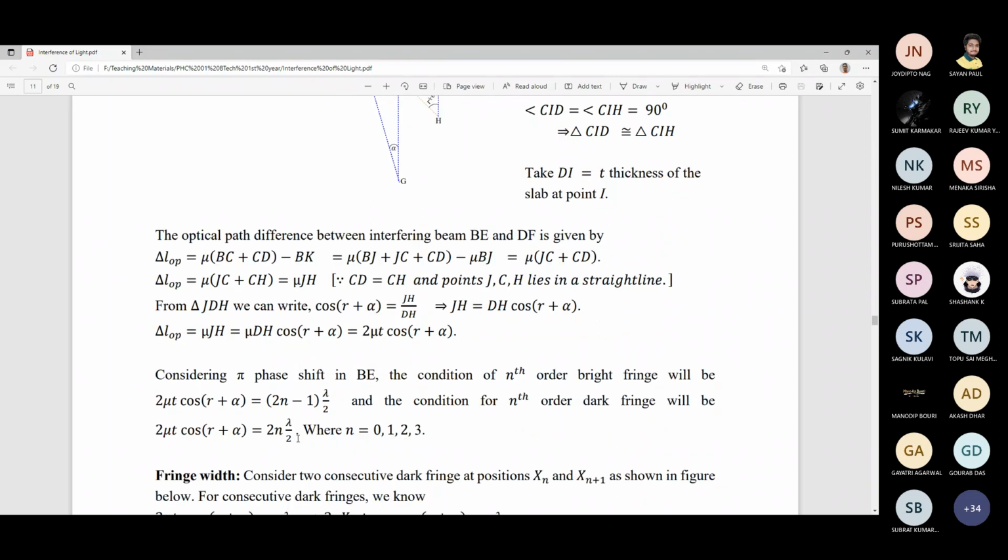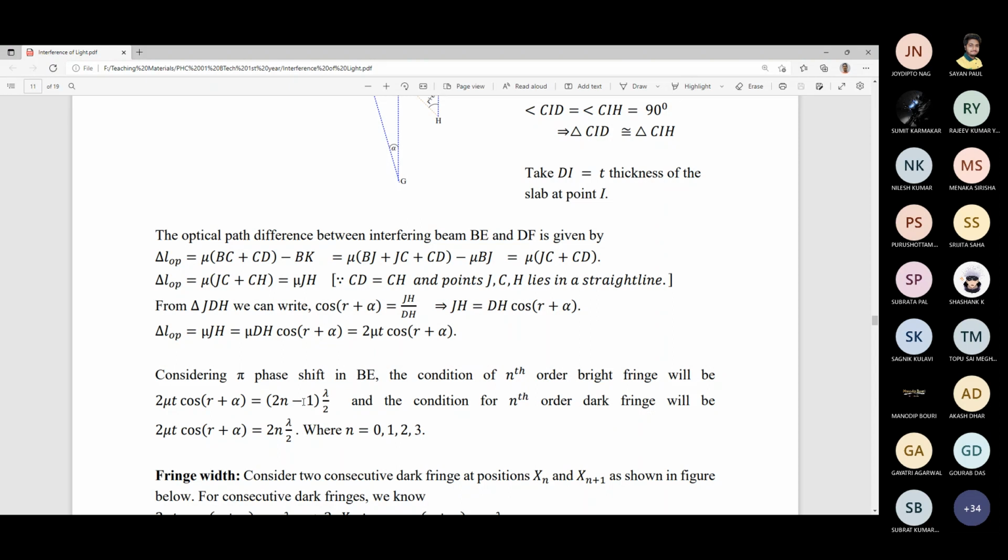So again, the condition for bright fringe is twice mu t cos(r plus alpha) equal to (2n plus 1) lambda by 2, and the condition of minima is twice mu t cos(r plus alpha) equal to n lambda, right? This is the condition of maxima and minima.